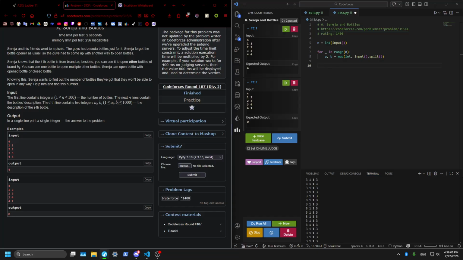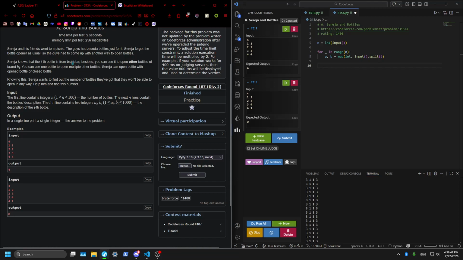What is A and B? The brand of the bottle.